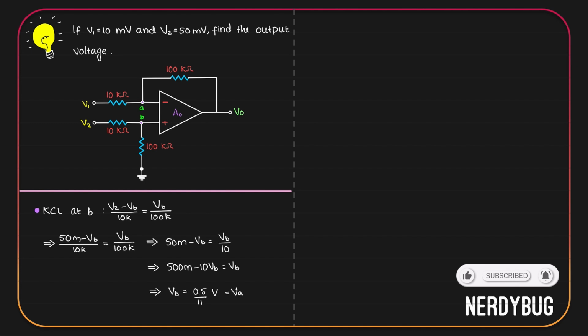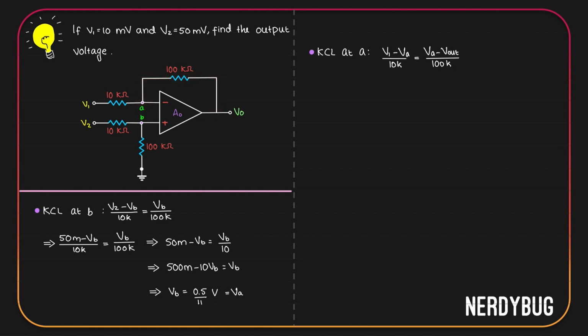Now let us apply KCL at the point A. There are two currents, V1 minus VA divided by 10 kilo ohm and VA minus V out divided by 100 kilo ohm. These two should be equal. V1 is 10 millivolt. Again, we can cancel 10k on both sides and we'll have 10 over here. 10 millivolt is 0.01 volt.